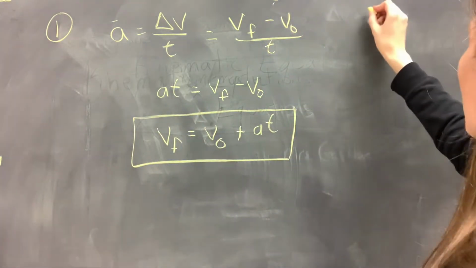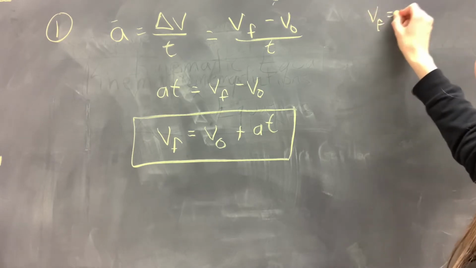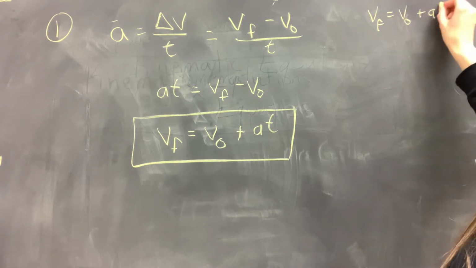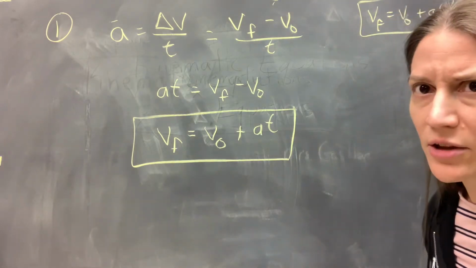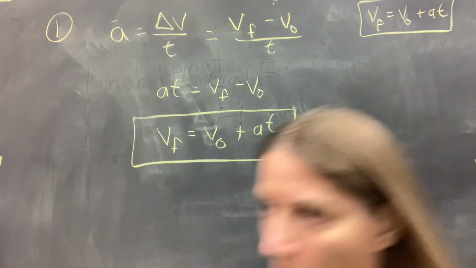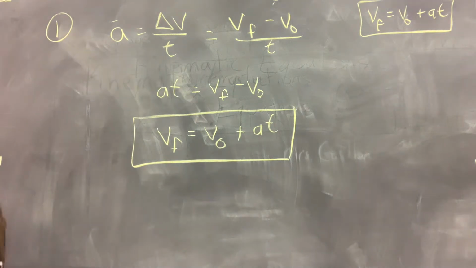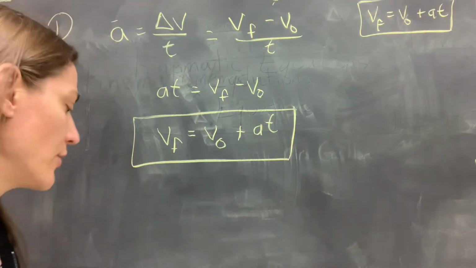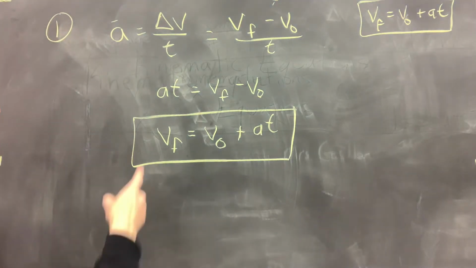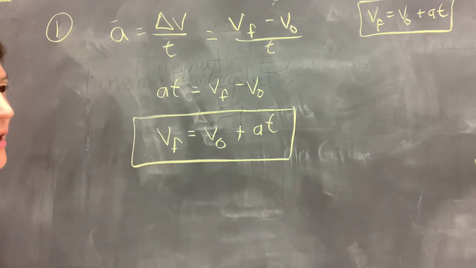I'm going to jot that over here in this corner: Vf equals V naught plus AT. That is really useful for thinking about the final velocity, or the velocity at any point in time, for an object moving with a constant acceleration. Notice that I don't have to know anything about distance.